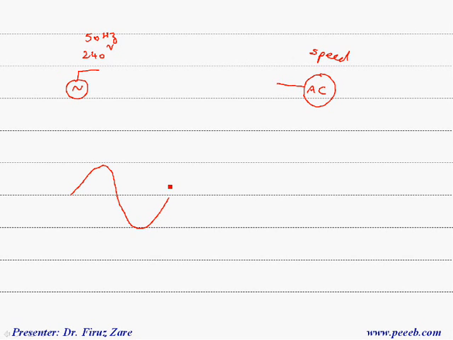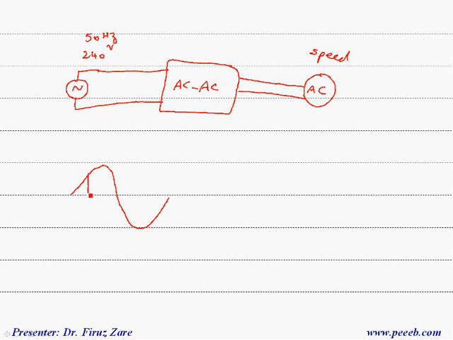One possibility to control the speed is using an AC-AC converter based on thyristor or SCR. In this case, we can control the firing angle and then we can generate this voltage.